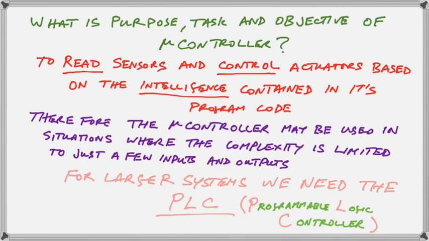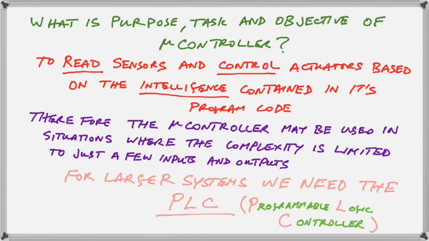Now, what purpose, task, and objective of the microcontroller do we want to look at? The microcontroller is designed to read sensors and control actuators based on whatever intelligence you program into it.